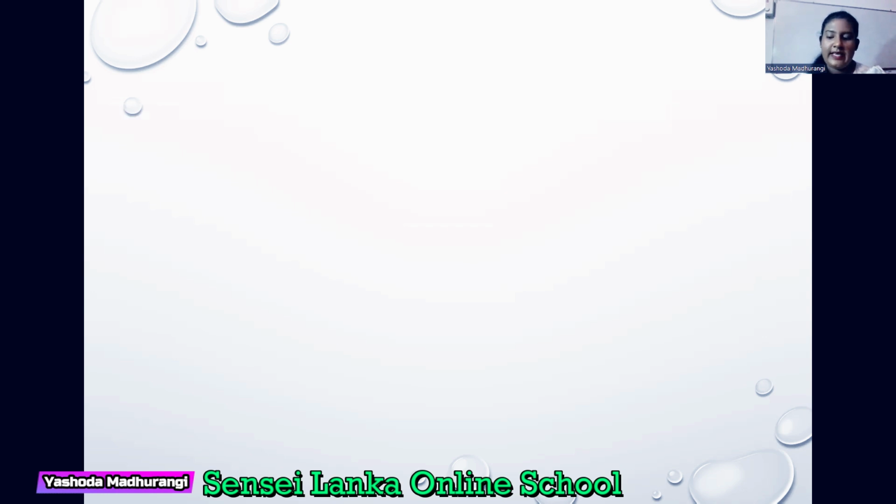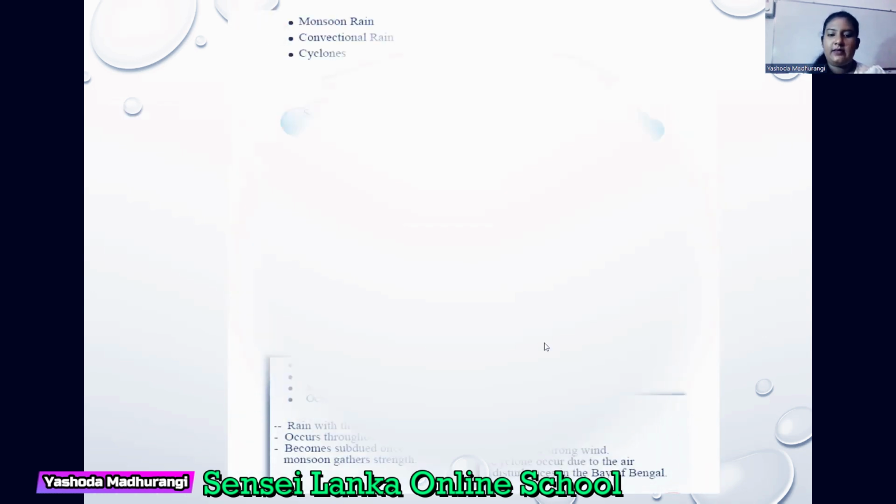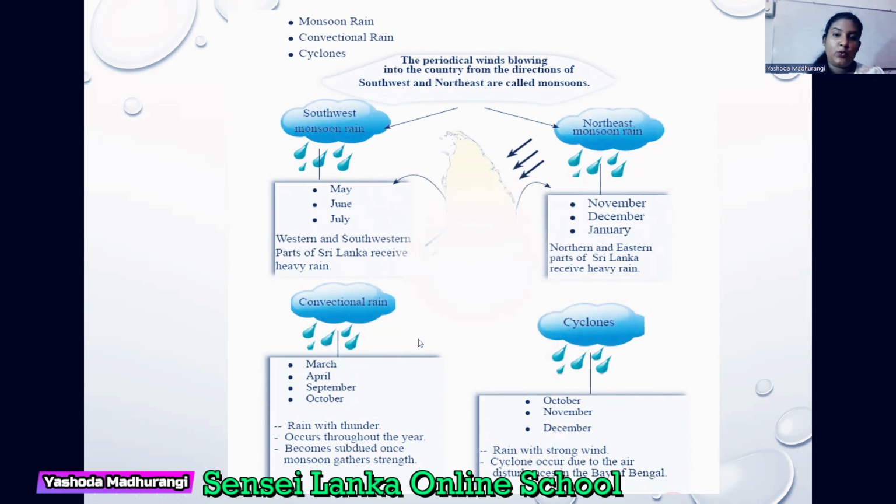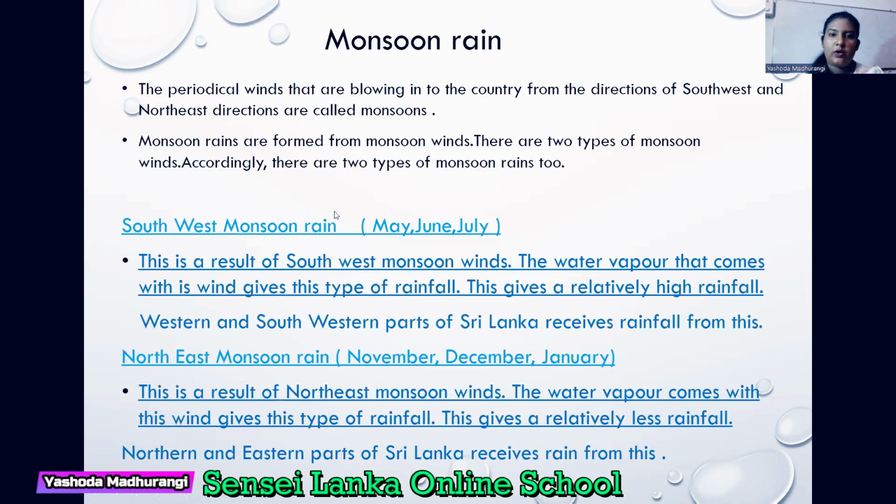Okay. Then rainfall in Sri Lanka. In your school book, it is given like this: monsoon, convectional, and cyclones. These are the 3. We are going to learn them separately. What is monsoon?